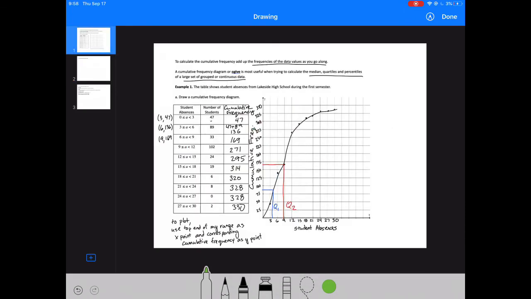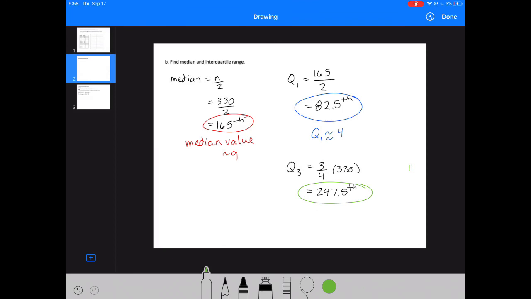If I go back to my graph on the left side, I'm going to go up to 247 here, about here. I'm going to go over, and all the way down. My green is my Q3, which represents the 75th percentile of the data, and that looks like it's about 11, where it touches the x-axis.